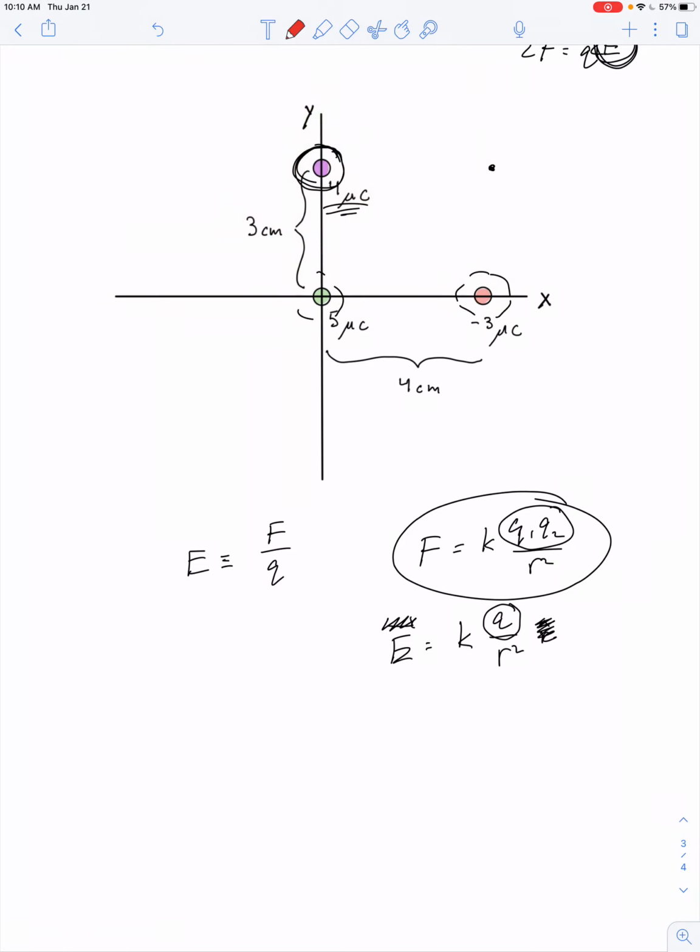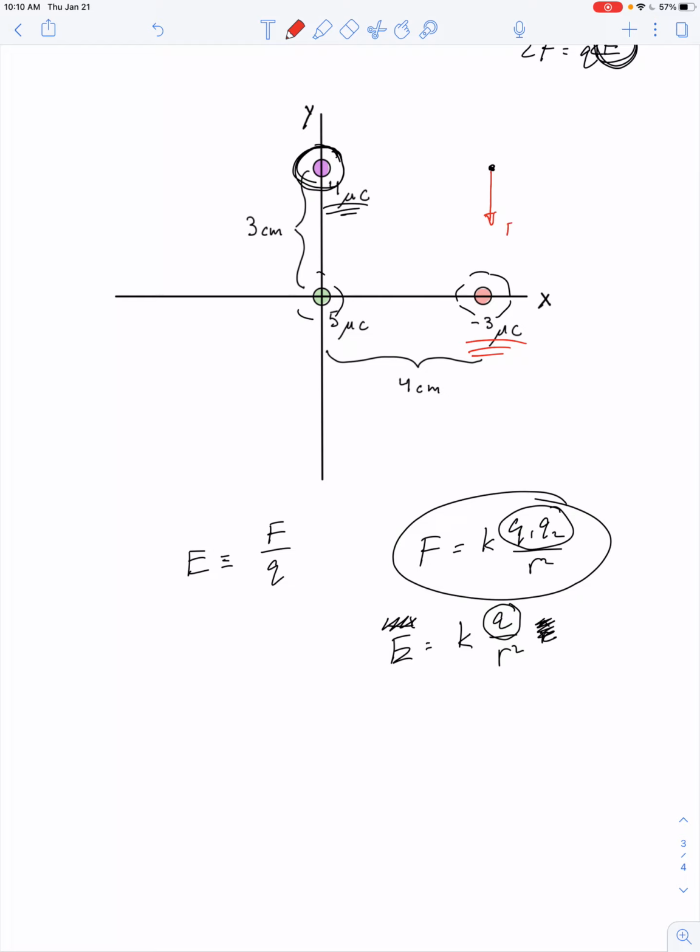There's an electric field pointing this way due to the negative 3 microcoulomb charge, right? So think of the electric field as a force that's waiting to happen, but it doesn't exist until a charge Q is placed at the point in question.